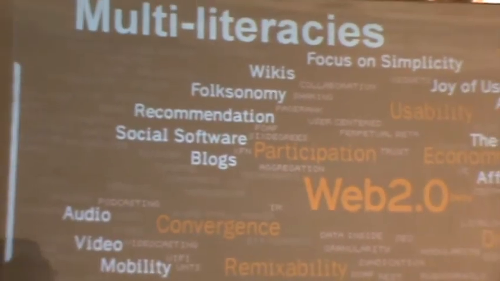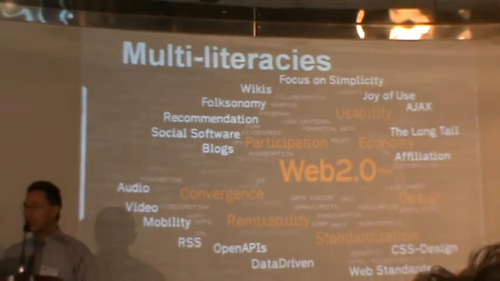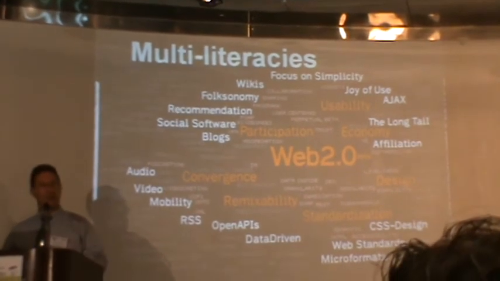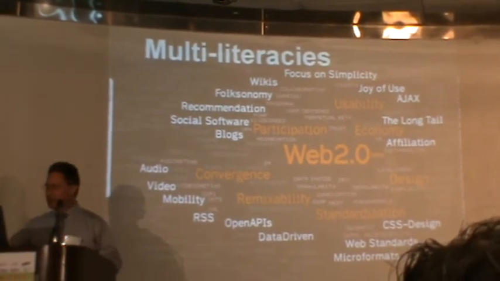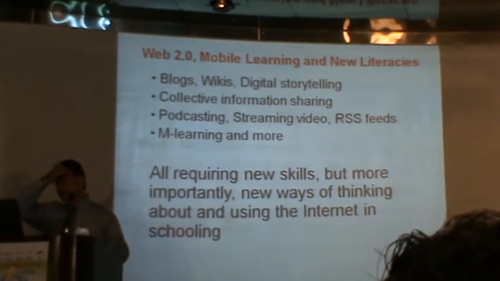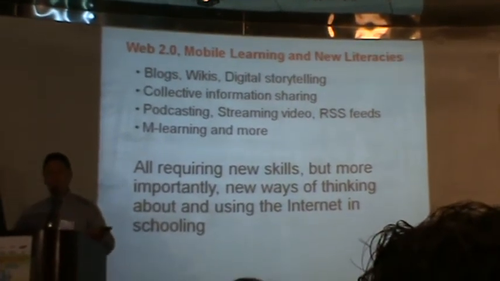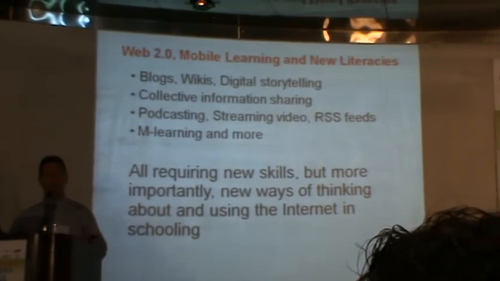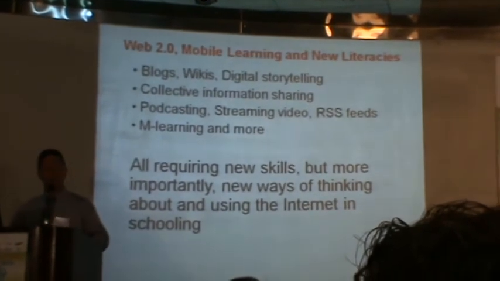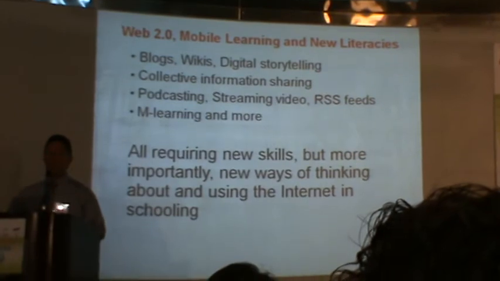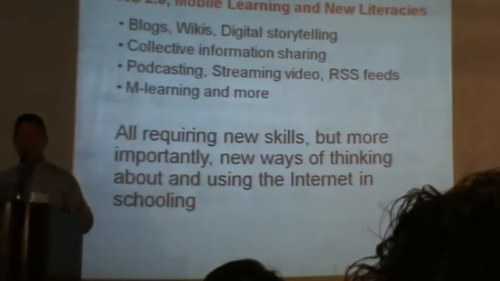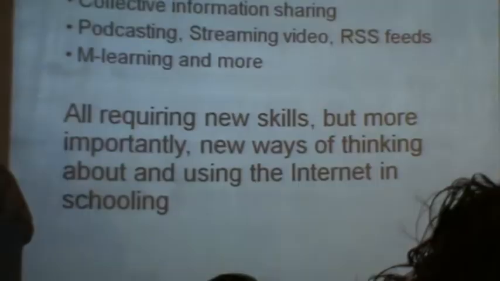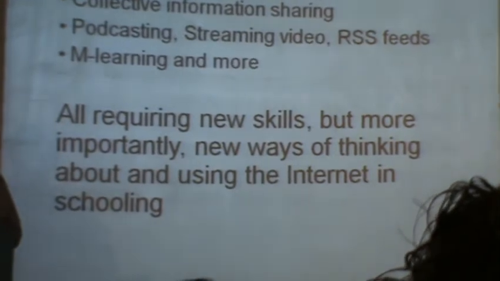So multiliteracies are many things. If you go to the Web 2.0 applications, there's so many, and so many developments are happening all the time. Everybody nowadays has blogs, they work with wikis. I see primary school children at the age of 7 in Hong Kong schools effectively developing their own digital stories.